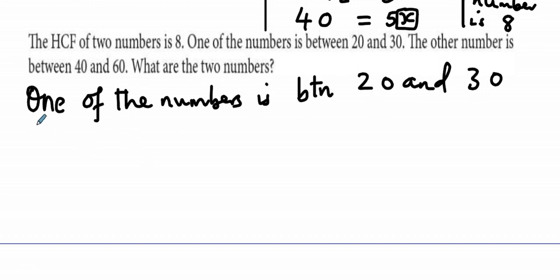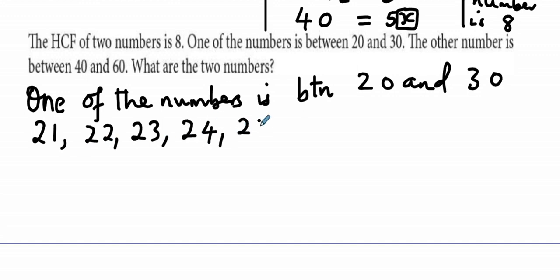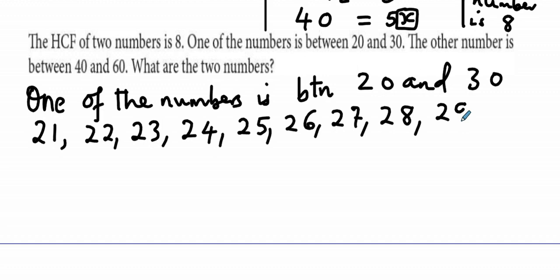We are going to have 21, 22, 23, 24, 25, 26, 27, 28, 29. Then stop over here. So one of the numbers is between 20 and 30.